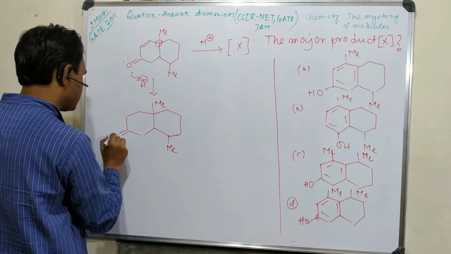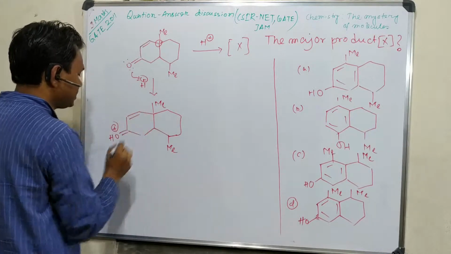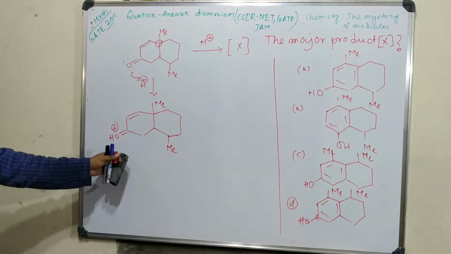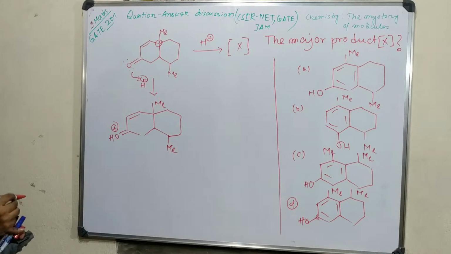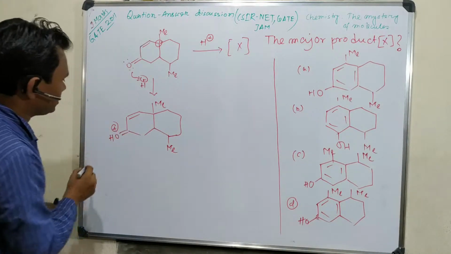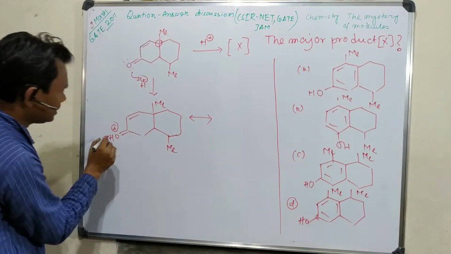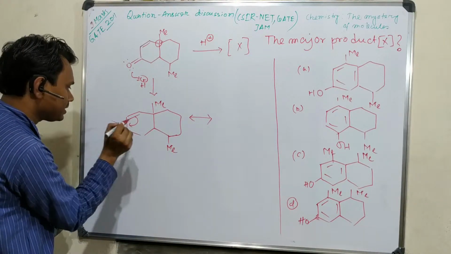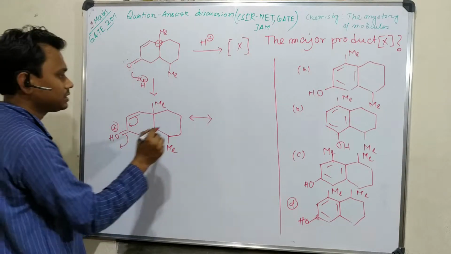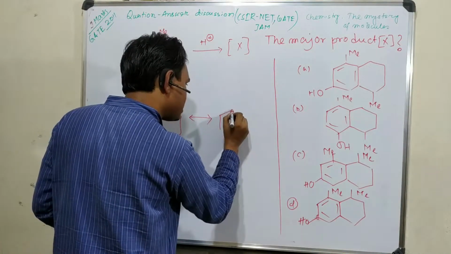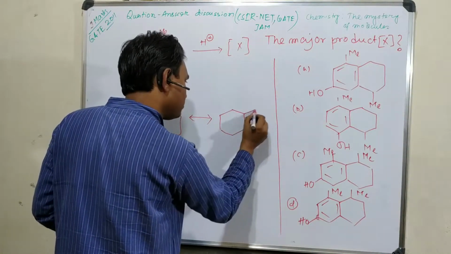After protonation, the formal charge goes on oxygen, so this molecule can have a canonical form. What type of canonical form? This double bond can come here. What is the driving force for this canonical form?